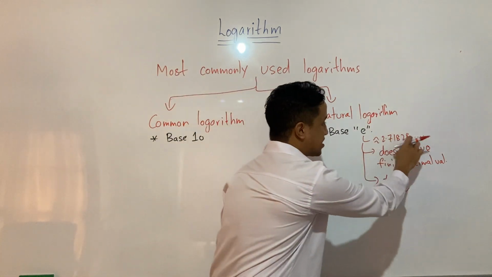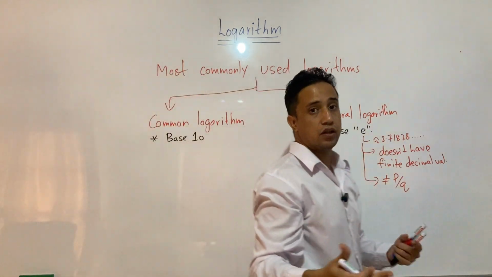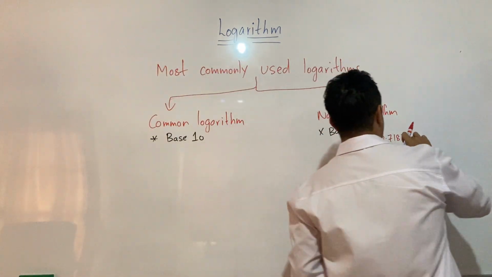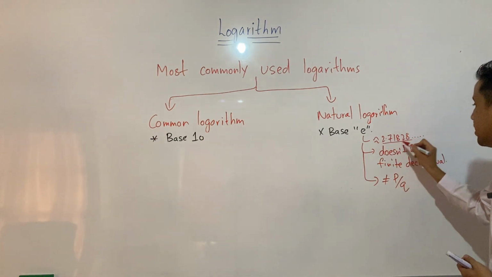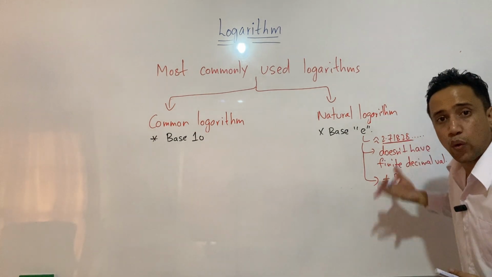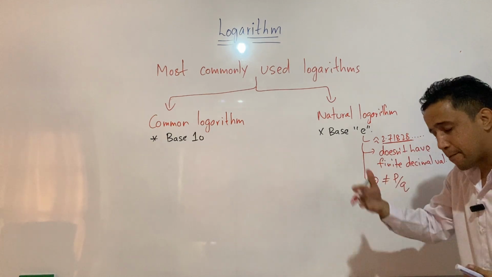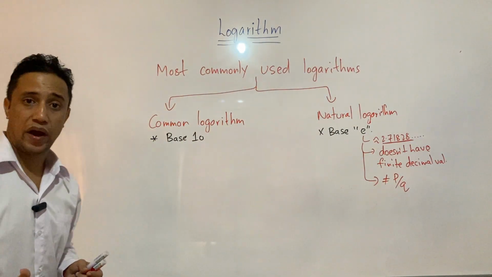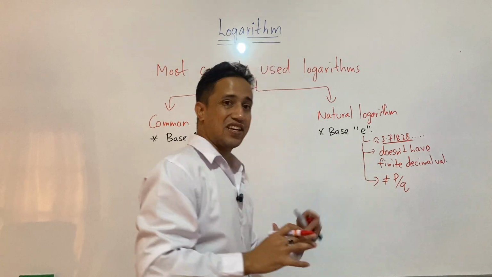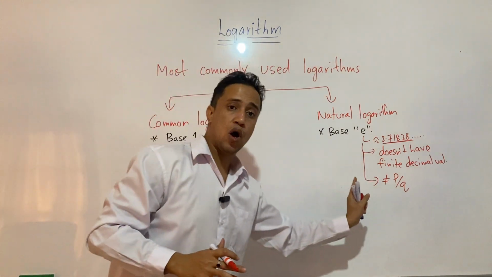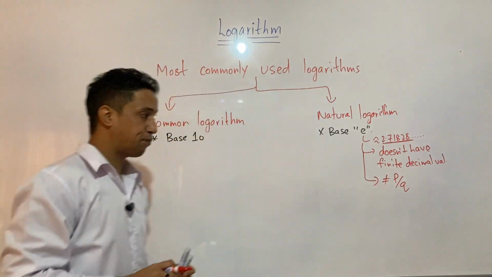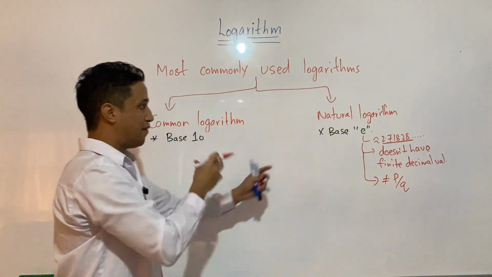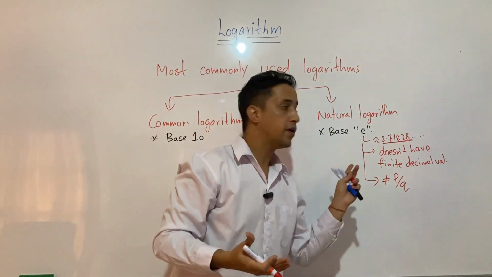The digits after the decimal just go on and on and on, and what we have written here is just the approximate value. I hope this is clear to you, and you can also visit that session to know more about e.